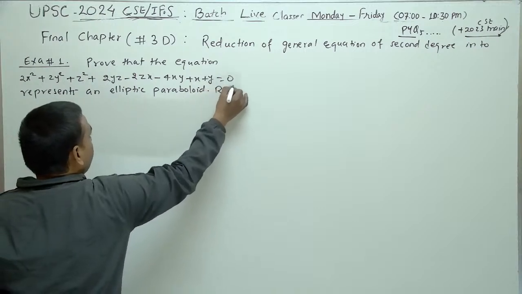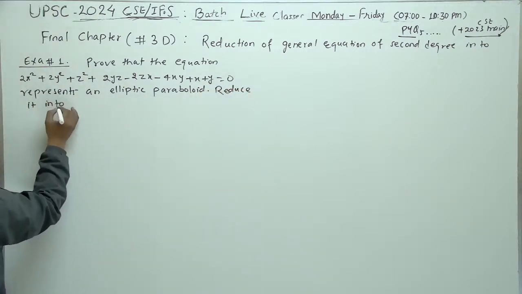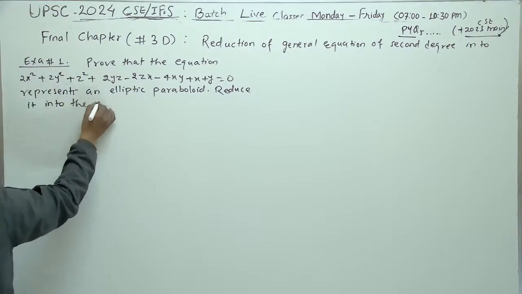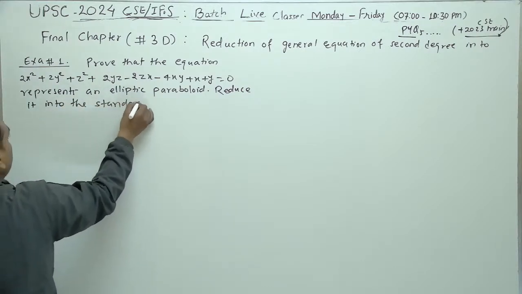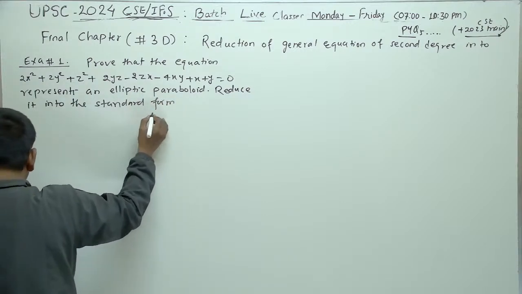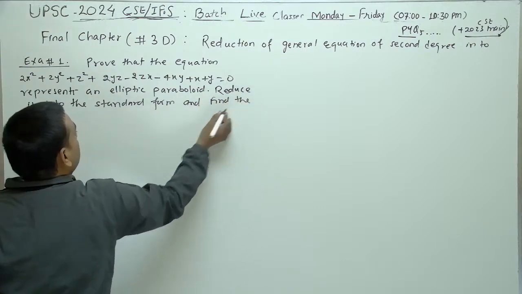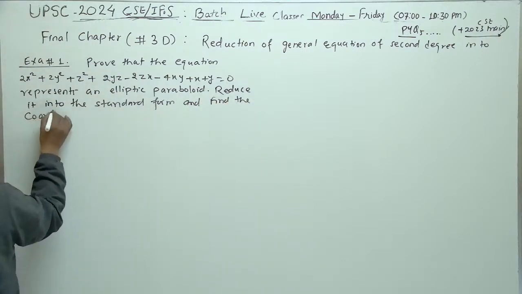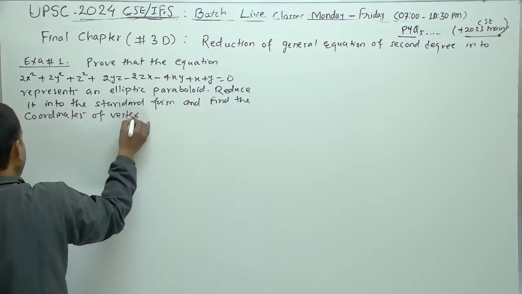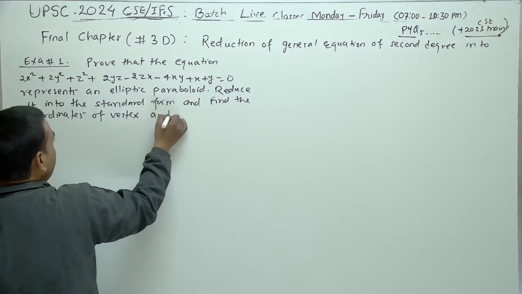Reduce it into the standard form, and find the coordinates of vertex and equation to its axis.